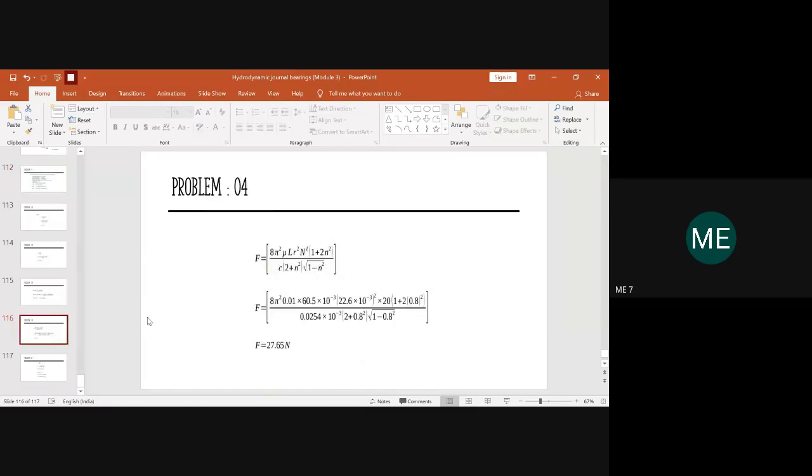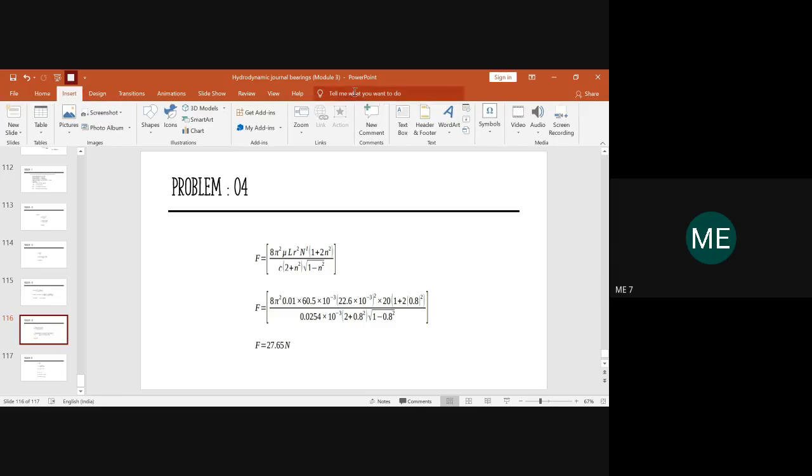So please make the change here as 1200 into (1 plus 2 into the eccentricity ratio 0.8) whole squared, divided by the clearance value, which is 0.0254 into 10 raised to minus 3 into (2 plus the eccentricity value 0.8) whole squared into root of (1 minus 0.8 squared). So kindly substitute and calculate the value of f, how much we are getting.